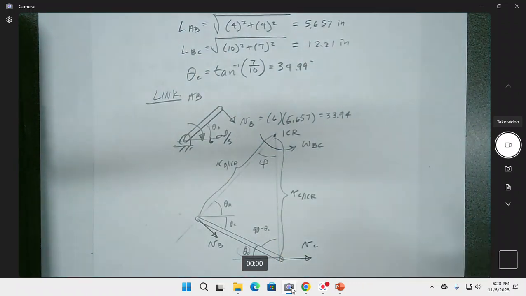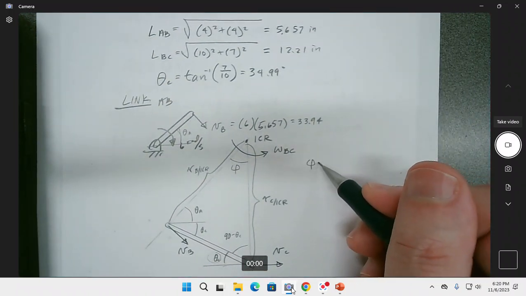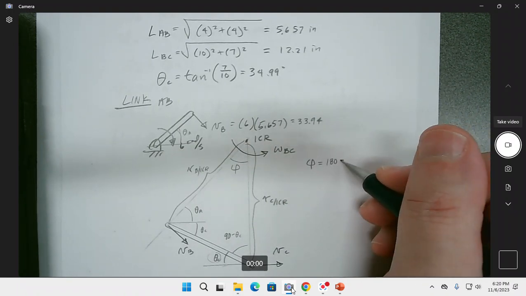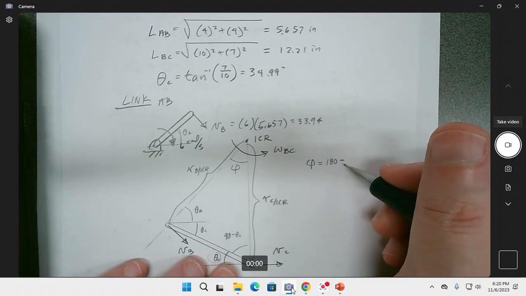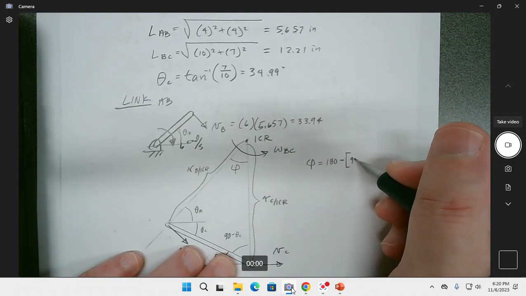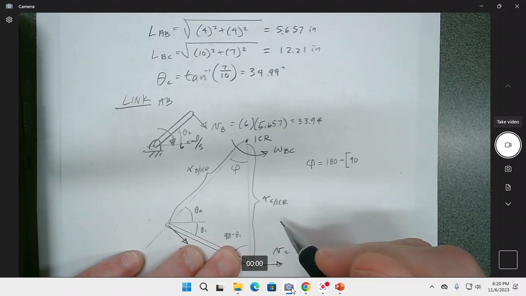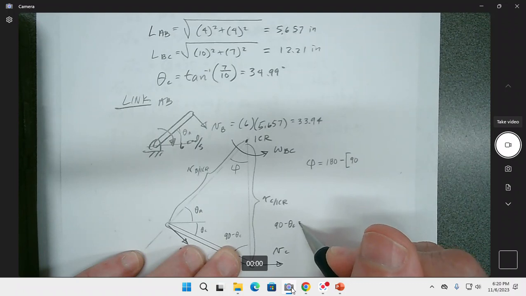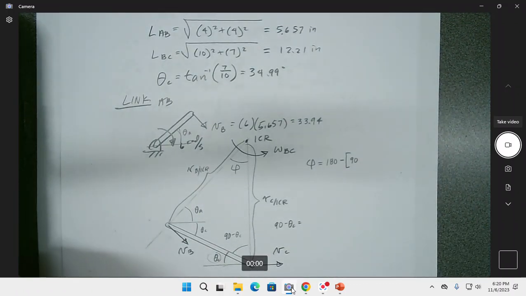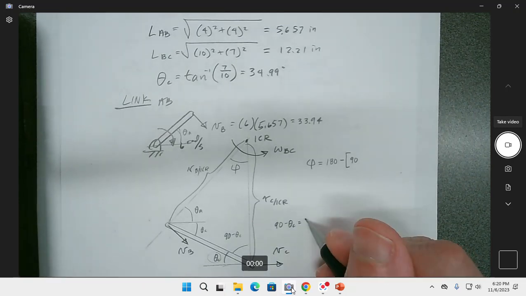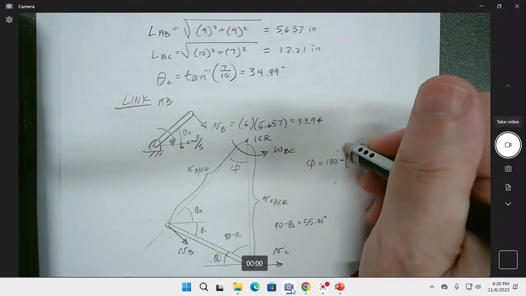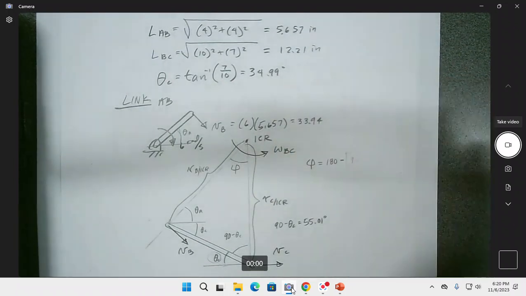We could call it anything we want, but we know that it's going to be equal to 180 minus... actually, I would probably find this one first, that the 90 minus theta C is going to be 90 minus 34.99, so 55.01 degrees. So I don't have to write up that long damn thing.